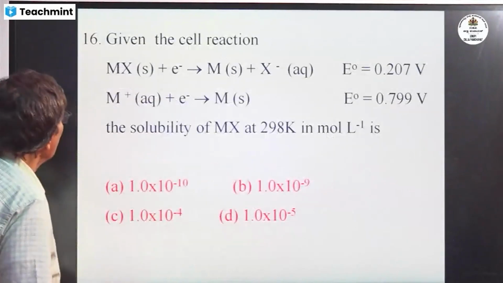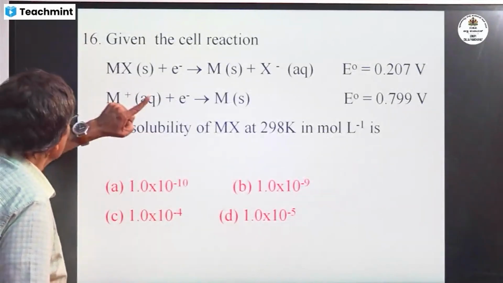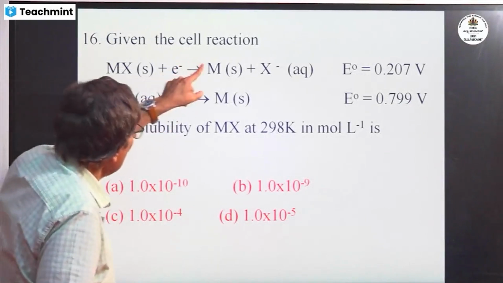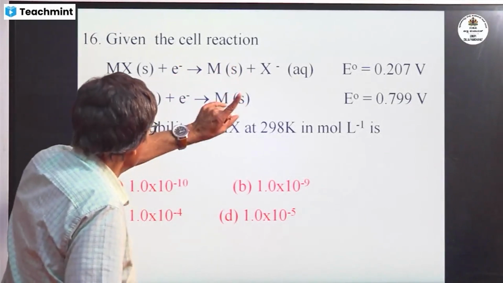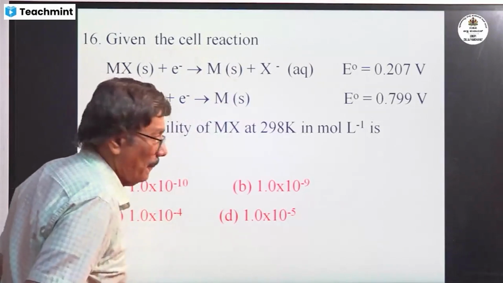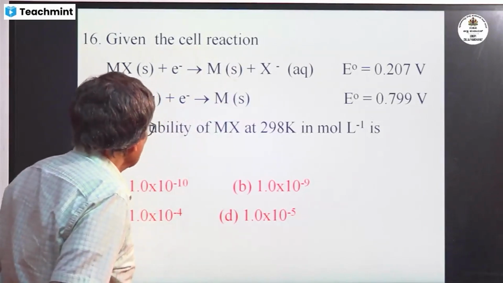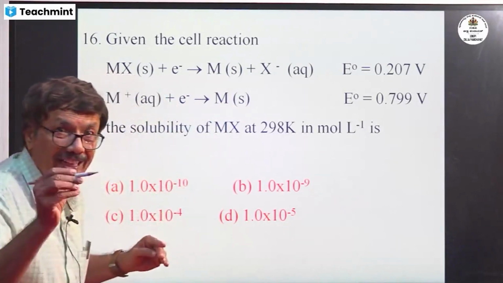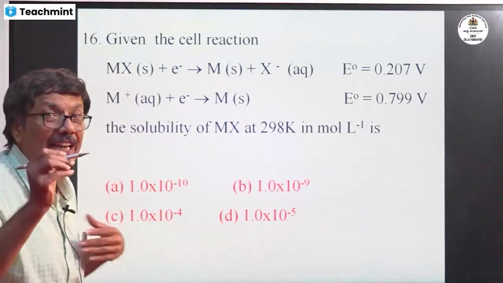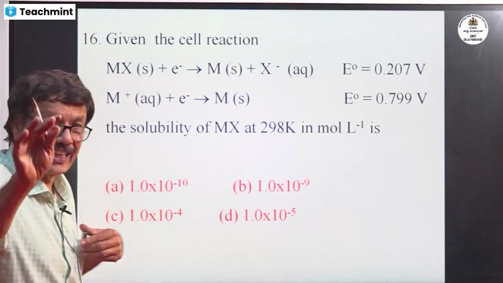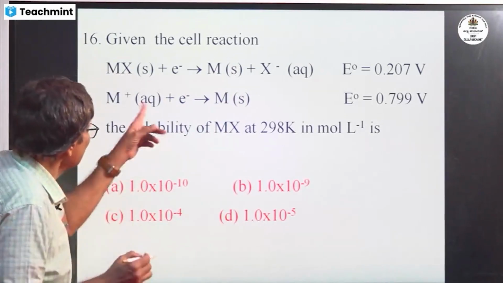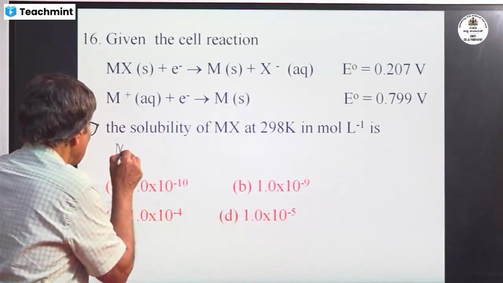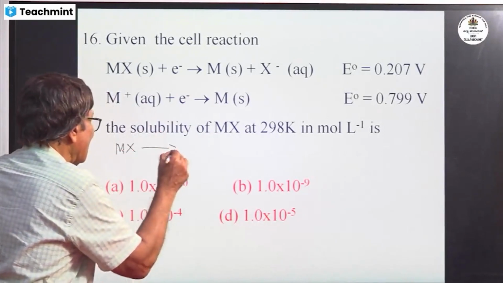Next slide, please. Given the cell reaction, see here. What they are asking is solubility. Solubility means solubility product. I shall write two formulas. For this salt MX, how does it ionize?